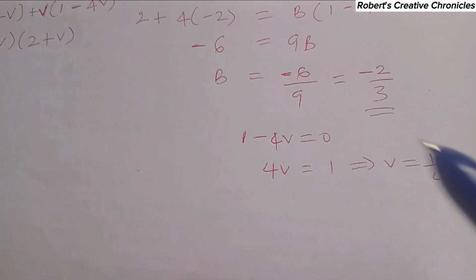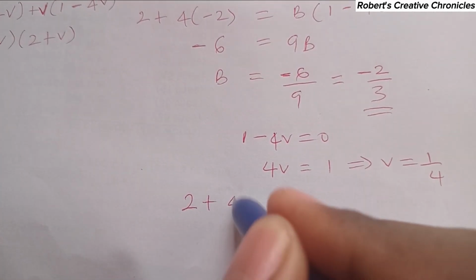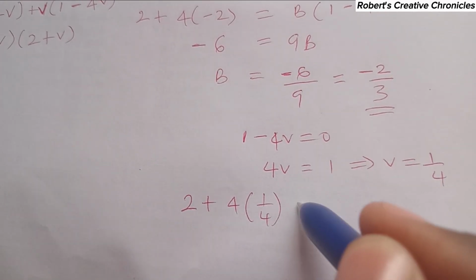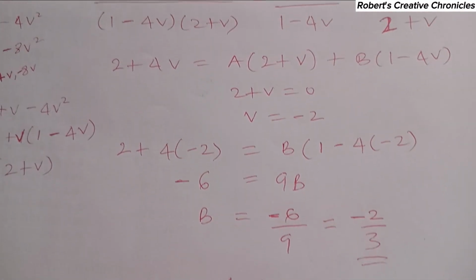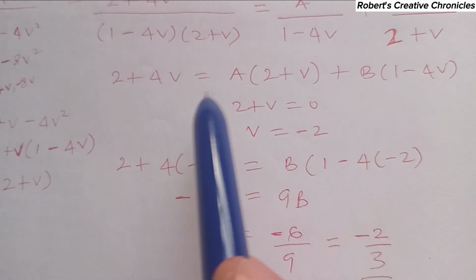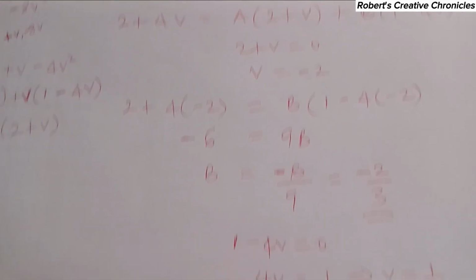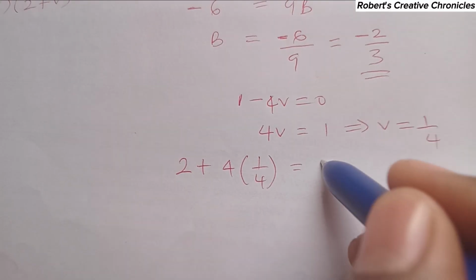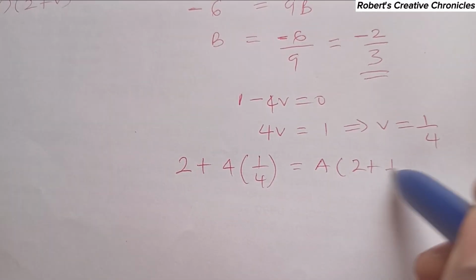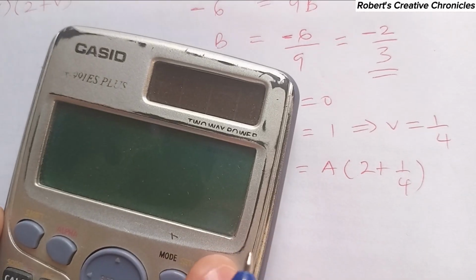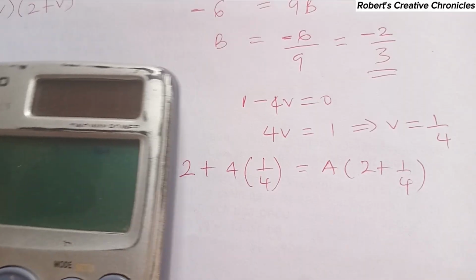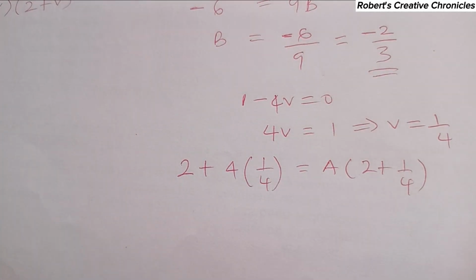So it will be 2 plus 4 times 1 over 4, which is equal to 2 plus 1 over 4. Now 4 over 4 is already 1.